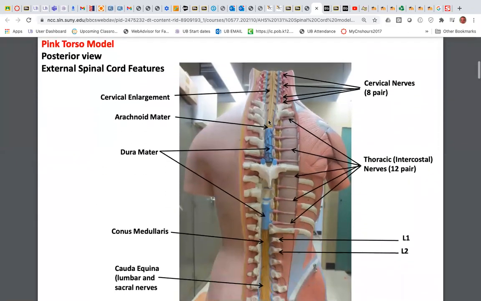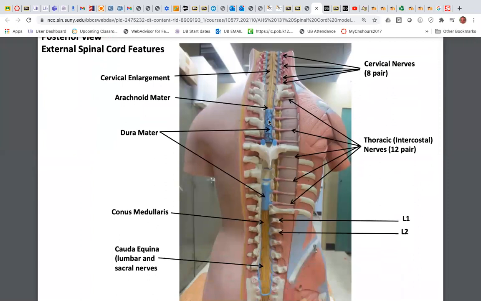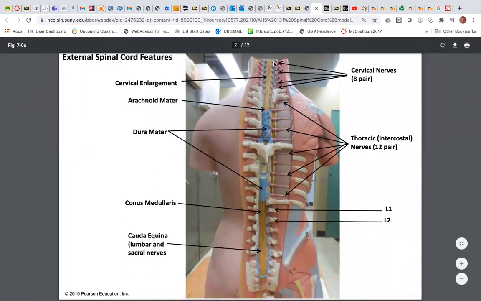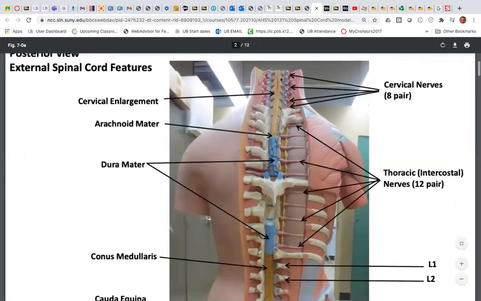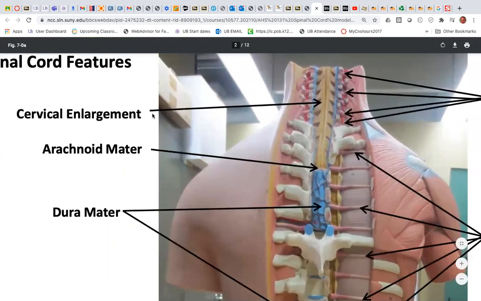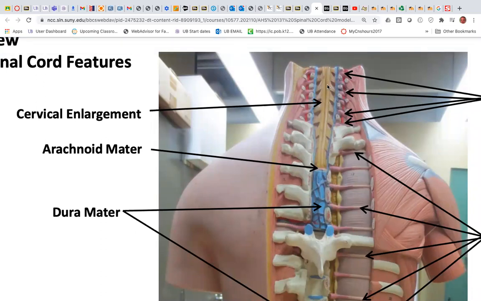And here is the torso, and we're looking at it from the posterior. And what you'll see in the neck, let me zoom in here, is a cervical enlargement. And the reason why there's an enlargement, if we look at the girth and the width of the spinal cord here in relationship to down here, is because there are 2 plexus that exist in the neck.